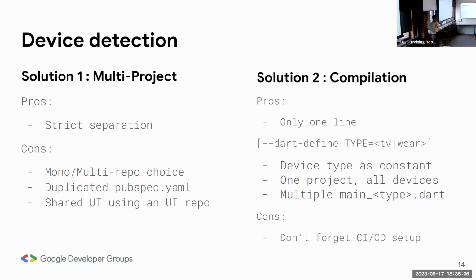During the CI/CD, you have to make sure that you select the right file or the right dart-define environment variable, and that's it. And make sure also that all the developers know this small thing, or you have to explain it to them, or I don't know.